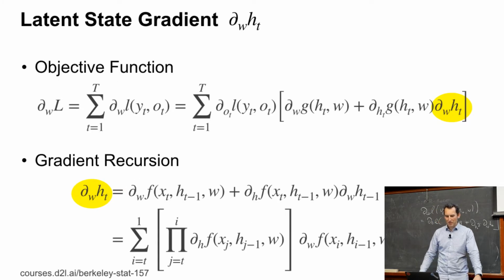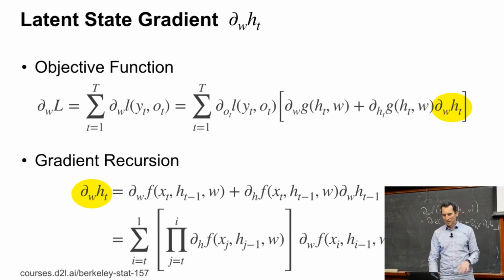So, let's actually look at that, right? So, dHT/dW, so HT is given by this function f of xt and ht minus 1 and w. And the first part, again, is easy, right? So the first part is just, well, whatever comes from the functional dependency from f, right?